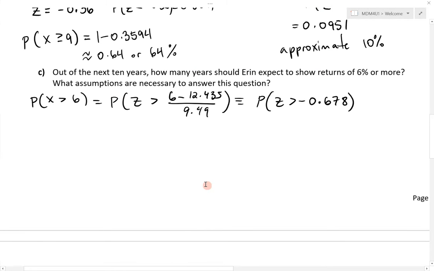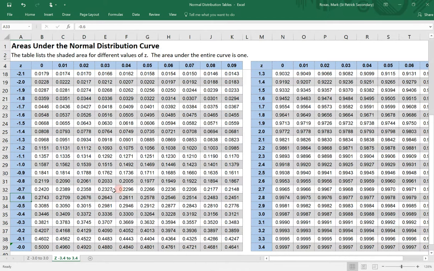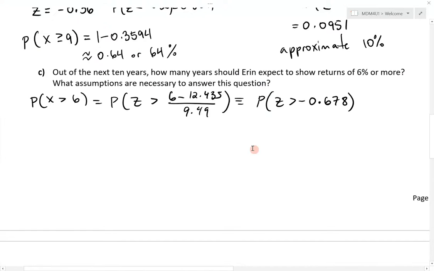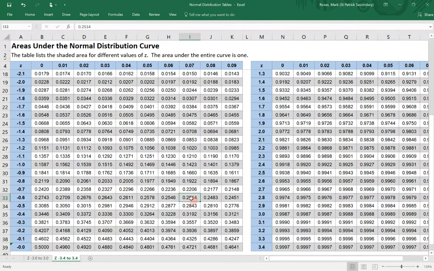And also remember this question is greater than, right? So what I just read, the 0.25, the value between these two values right here, represents the probability that z is less than negative 0.678. So if I write that down here, the probability that z is less than negative 0.678 is equal to, I kind of forgot the number already, it's 0.25.